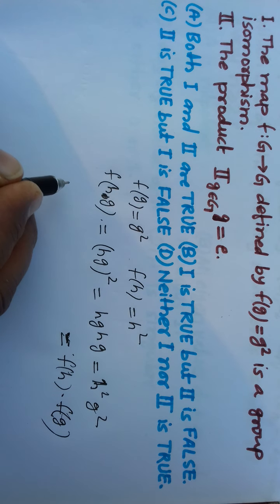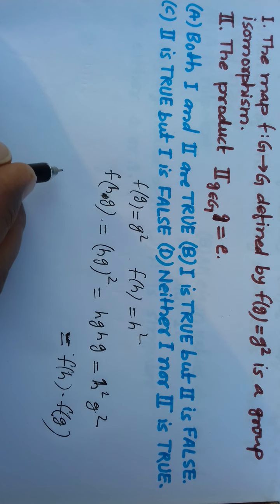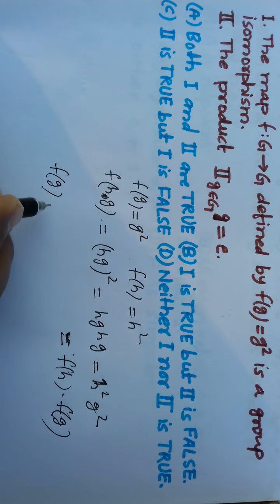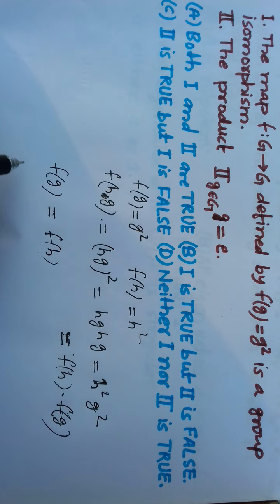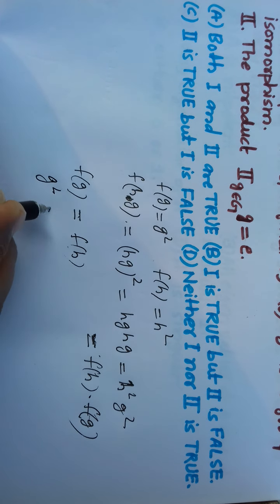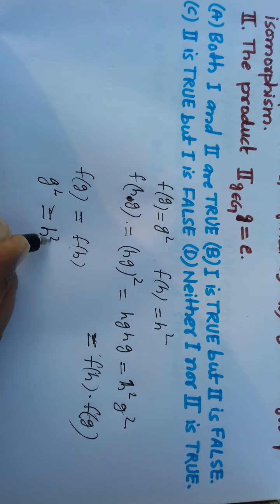So let us take two elements, and equate f(g) equals f(h). Then this will be g square equals h square.